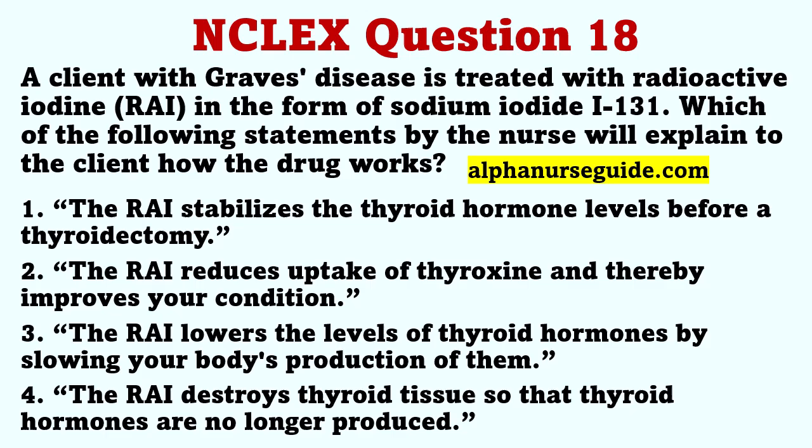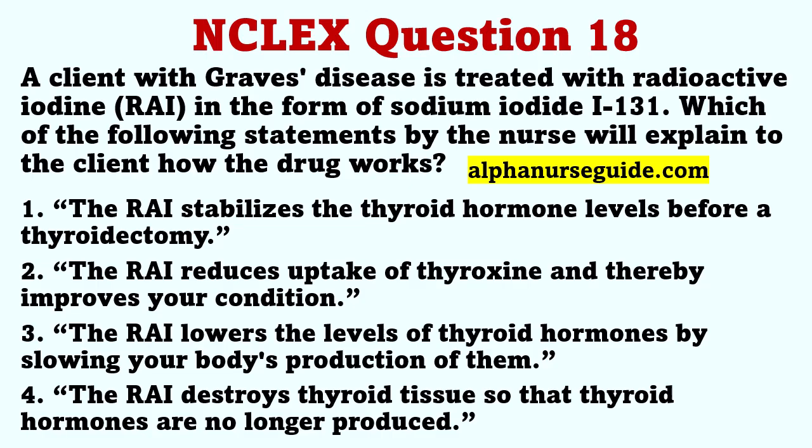A client with Graves' disease is treated with radioactive iodine in the form of sodium iodide, I-131. Which of the following statements by the nurse will explain to the client how the drug works? 1. The RAI stabilizes the thyroid hormone levels before a thyroidectomy. 2. The RAI reduces uptake of thyroxine and thereby improves your condition. 3.